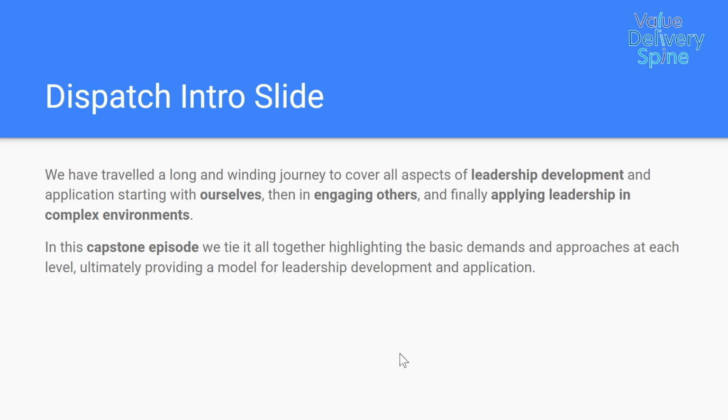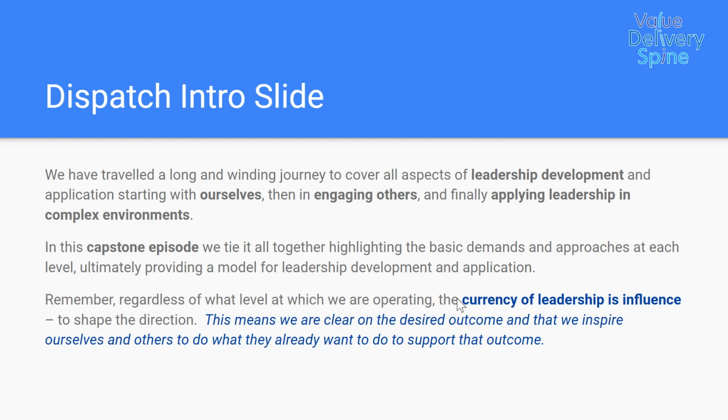In this capstone episode, we are going to be looking at all the major concepts that we explored during this series, but we're going to focus specifically on where we started, and that's developing leadership through the currency of influence.